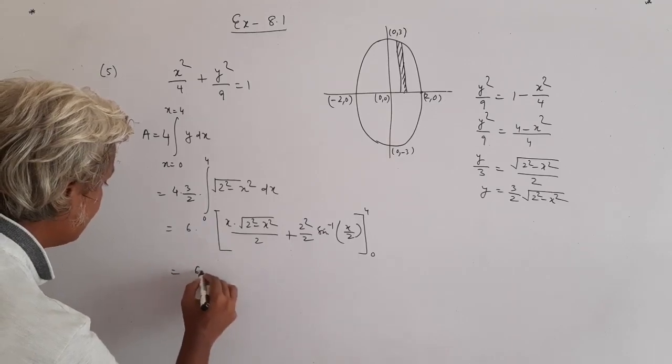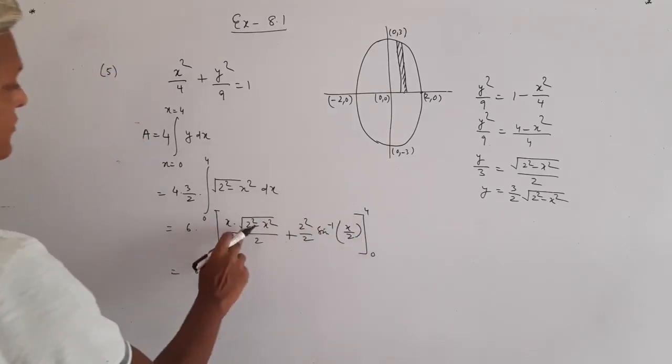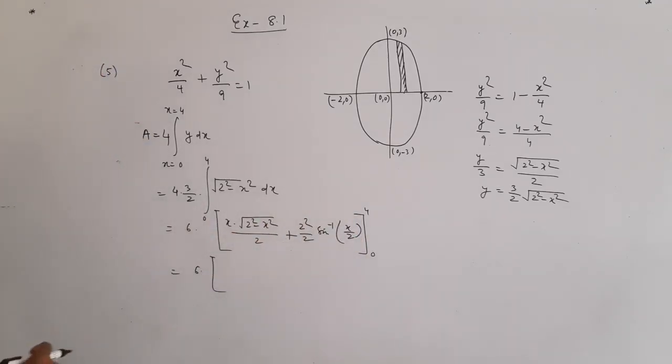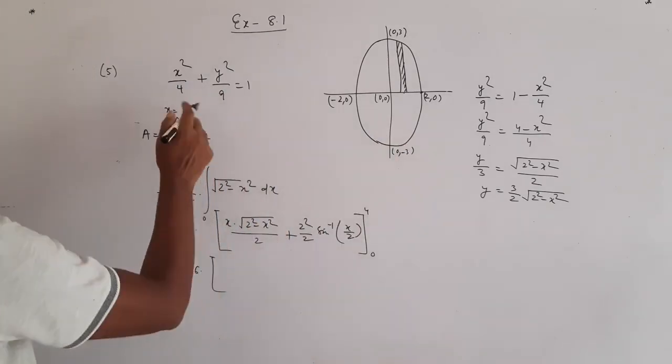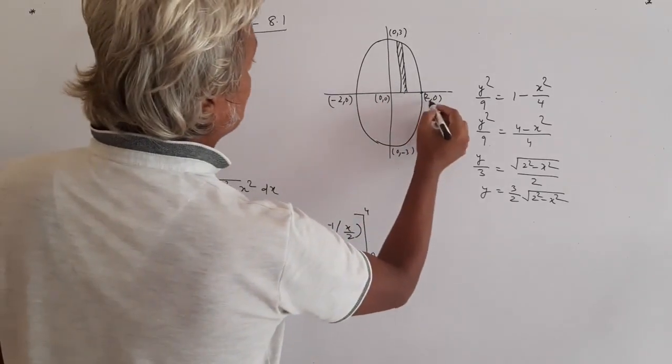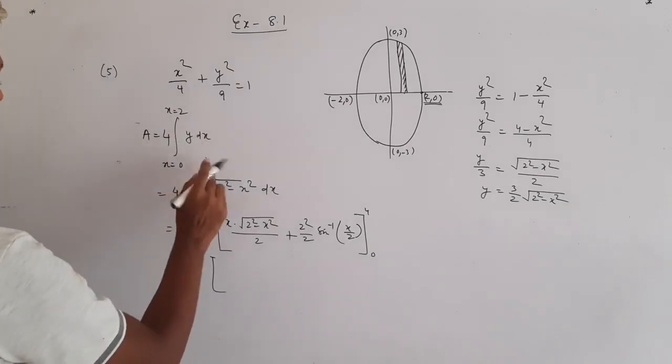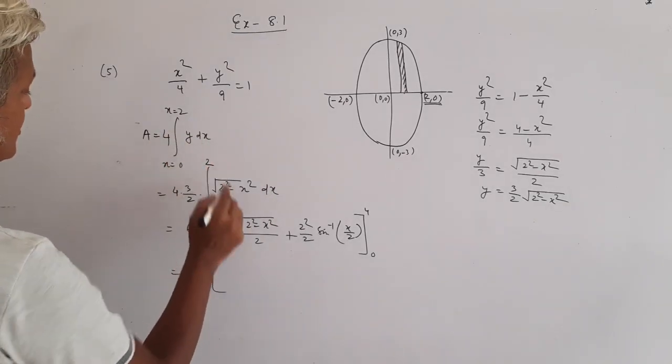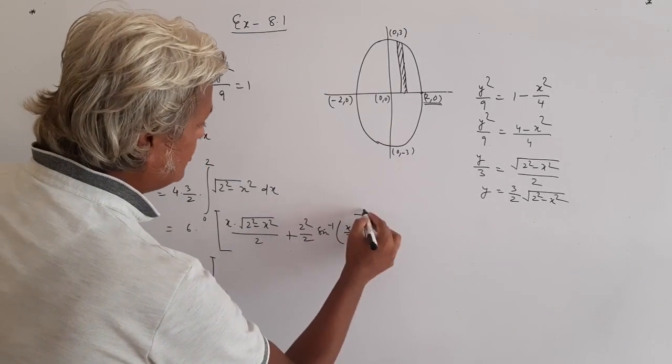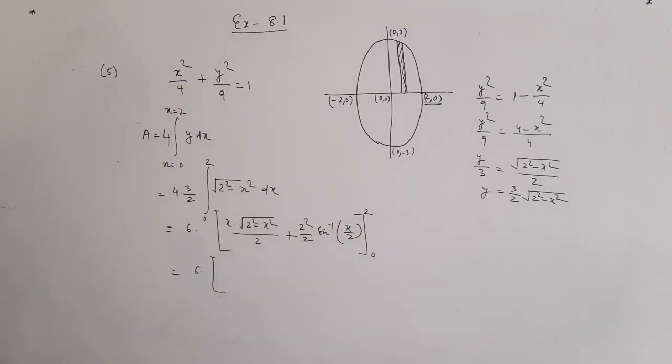So 6 times I put the value there. This is not 4, this is going from 0 to 2, and the limit is 2 everywhere, I'm sorry.